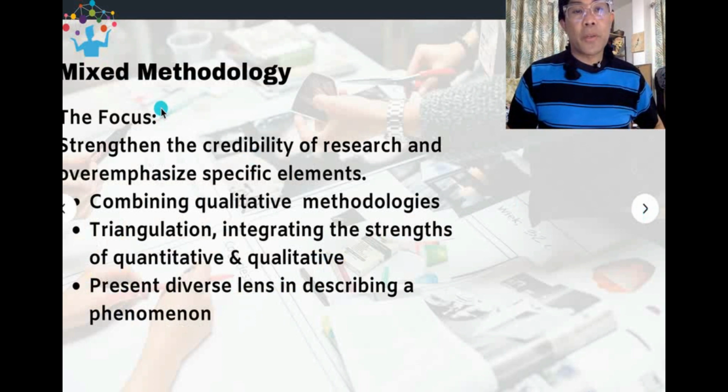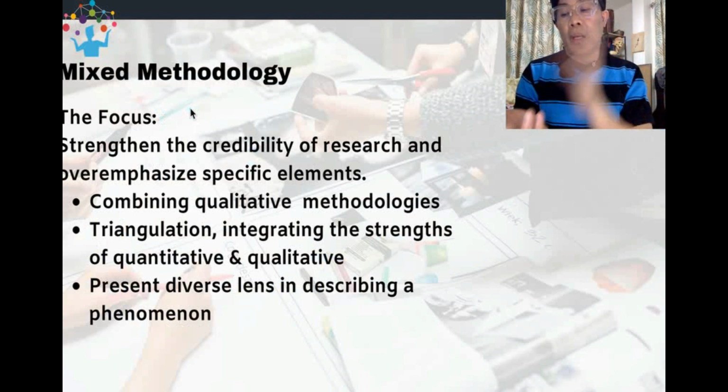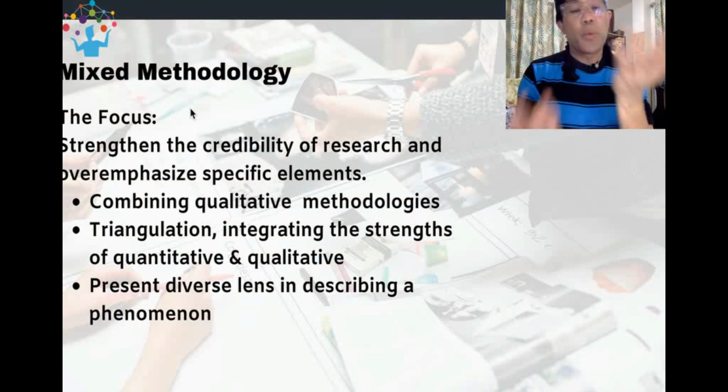So what is the focus of mixed methodology? The focus is to strengthen the credibility of research and overemphasize specific elements, because the assumption is that the quantitative has its own strength and its own weakness, and the qualitative has its own strength and its own weakness also.